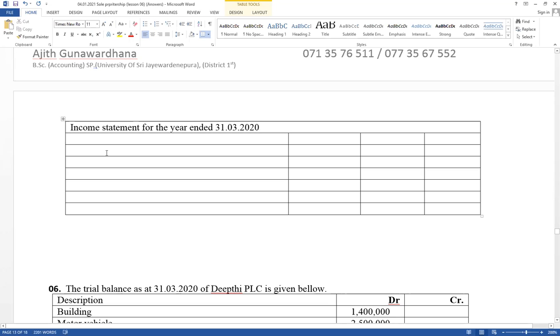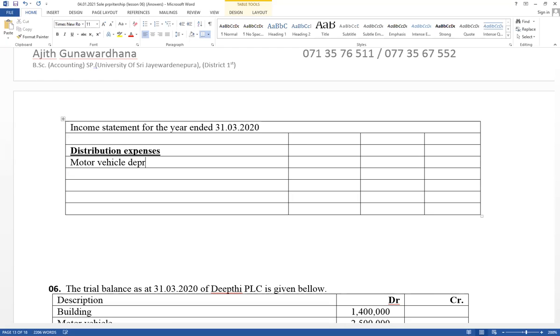This is the income statement under distribution expense. Think how to disclose on the financial statement. Under distribution expense, motor vehicle depreciation.